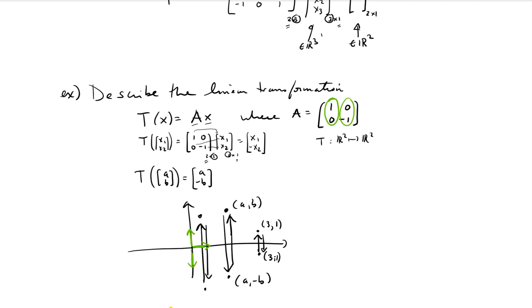So we can see that if you're on the x-axis, you stay where you are, but if you're elsewhere, you get moved across the x-axis. So what transformation does that? It's a reflection across the x-axis. It's a reflection.